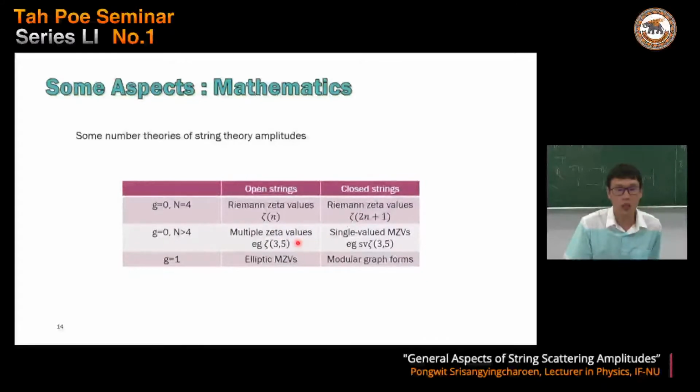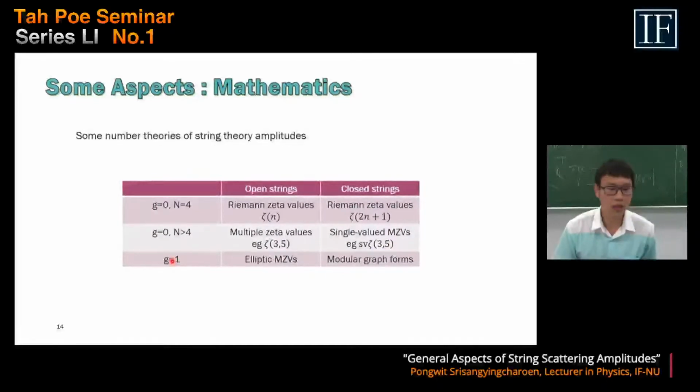which is the generalized version of the Riemann zeta value. For example, instead of one input n, it can have arbitrarily more inputs, like here 3, 5, or whatever it is. And for the closed string, you can see that it is a single-valued map of this, called the single-valued MZV, or multiple zeta value.